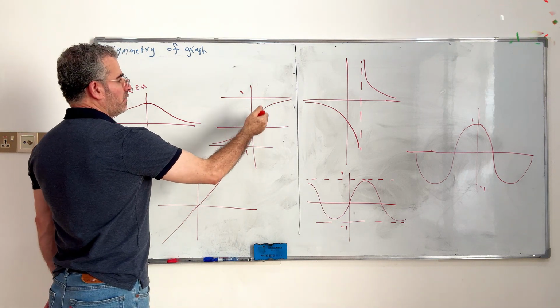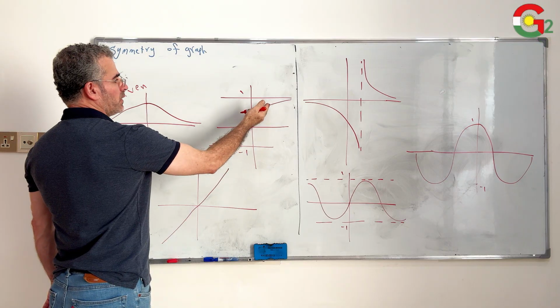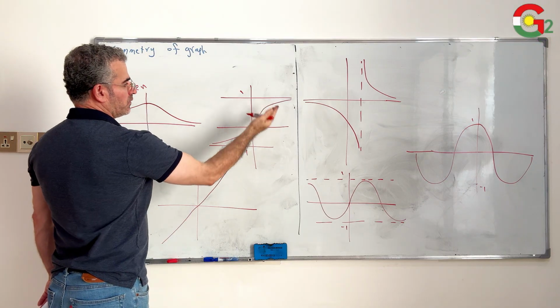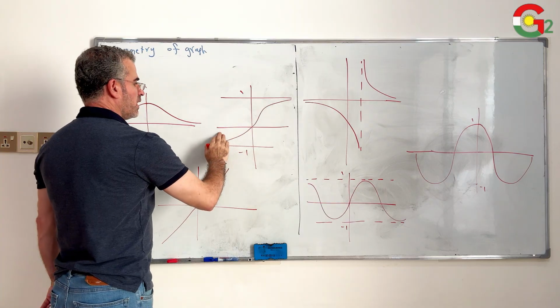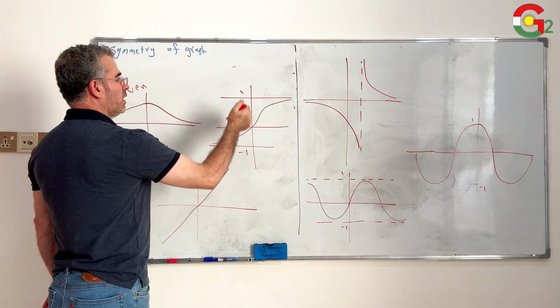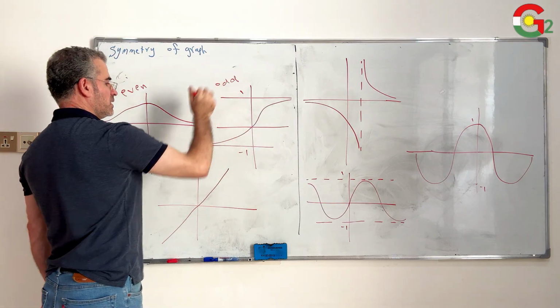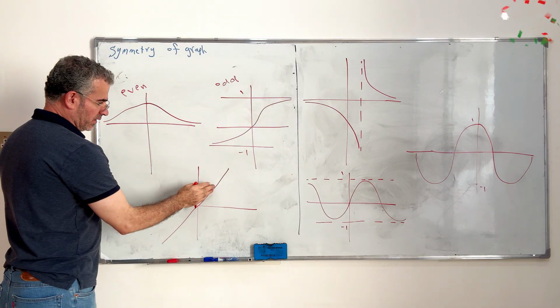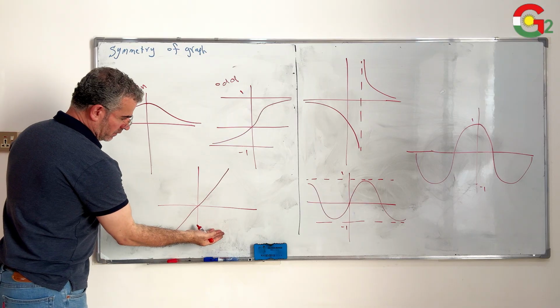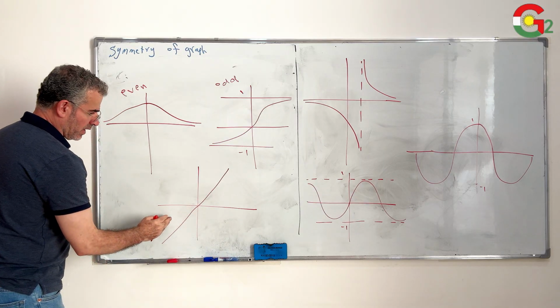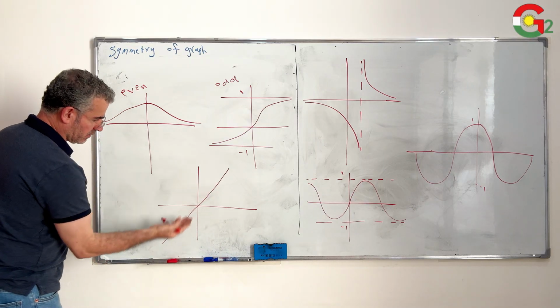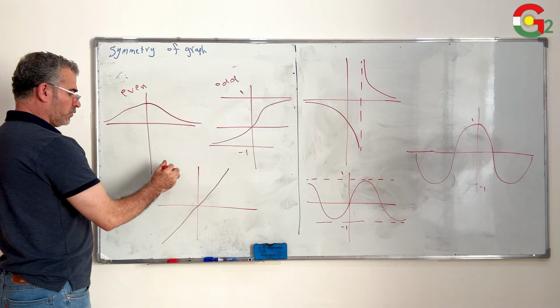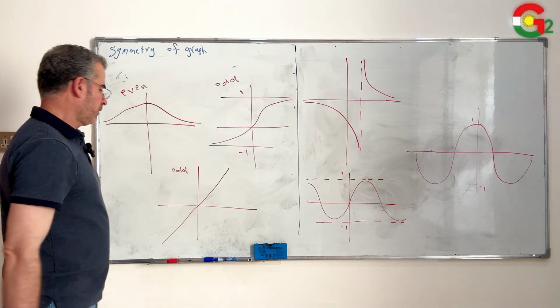For the second graph, if I flip the upper half once by the x-axis and once by the y-axis, then the two halves match, so this function is odd. Also for the third graph, if I flip once by the x-axis and once by the y-axis, the two halves match, then this graph is odd.